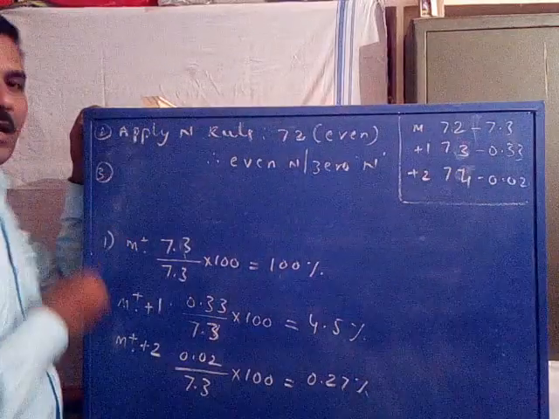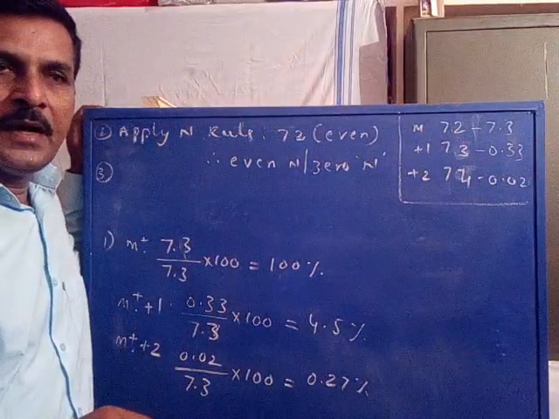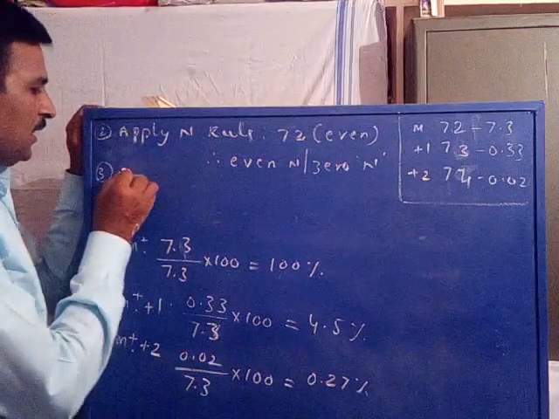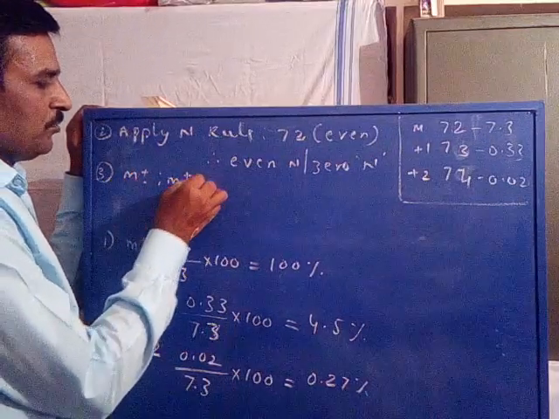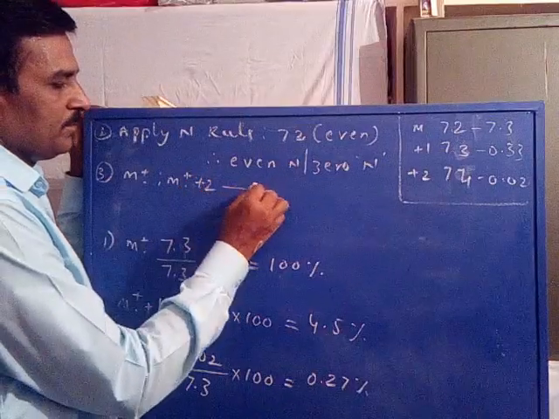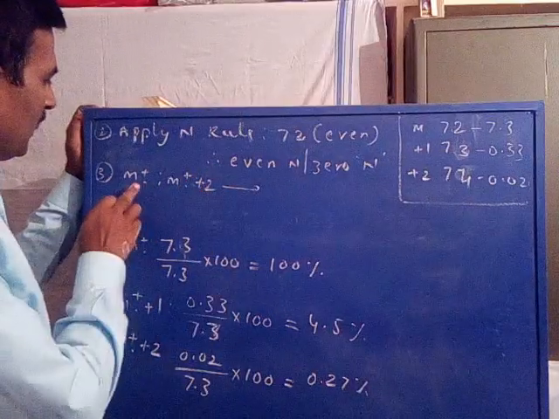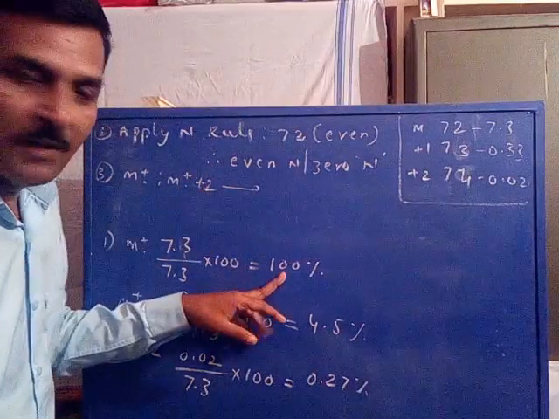Next, third guideline: comparison of molecular ion signal intensity with molecular ion +2 signal intensity. Now the molecular ion signal intensity is 100%.